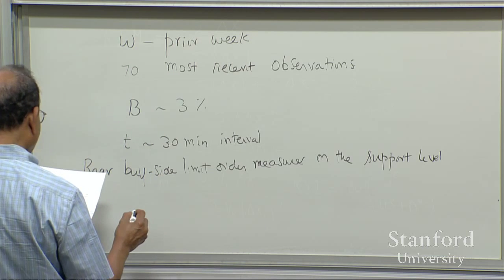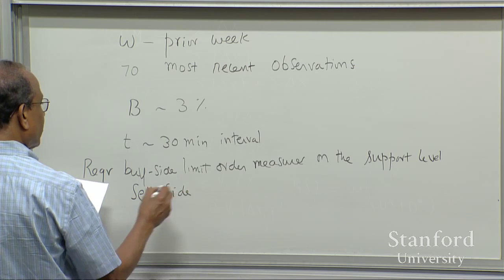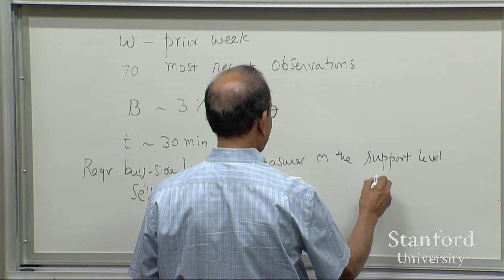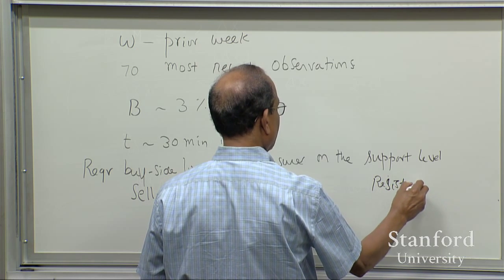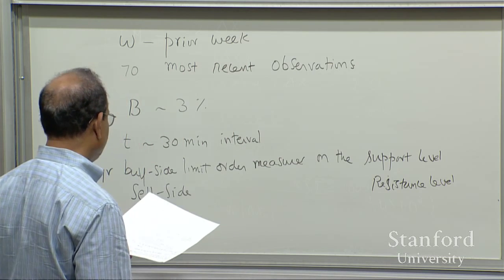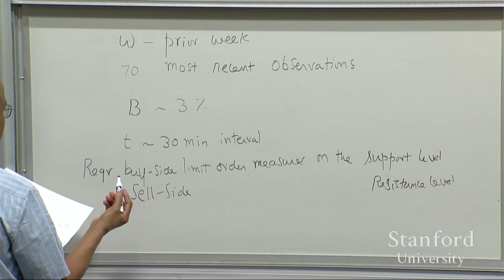Similarly, regress sell side limit order measures on the resistance levels. I think you need to subtract the midpoint of the bid-ask spread.